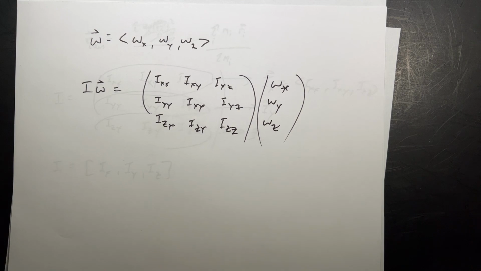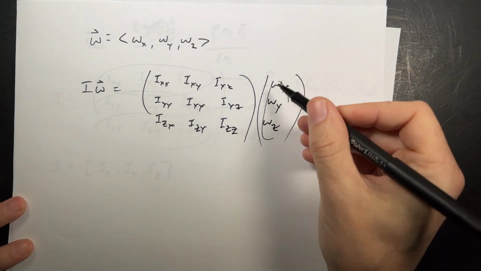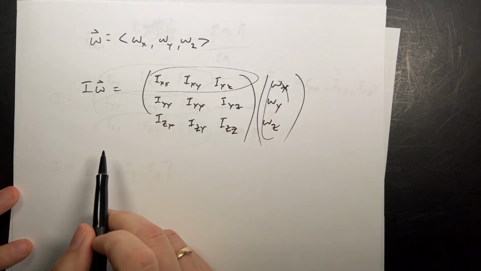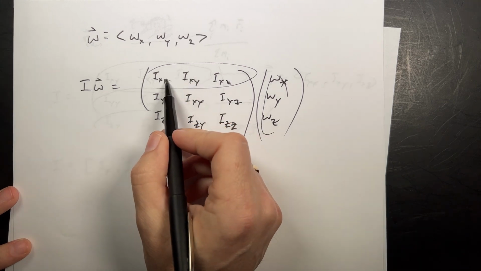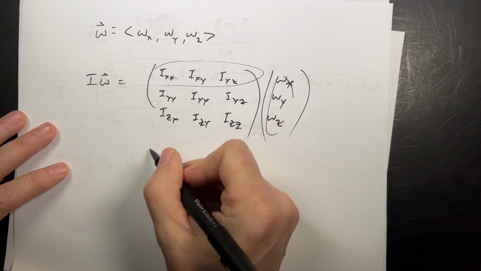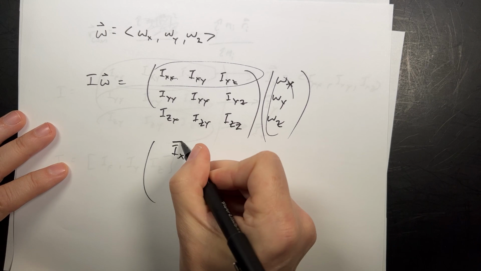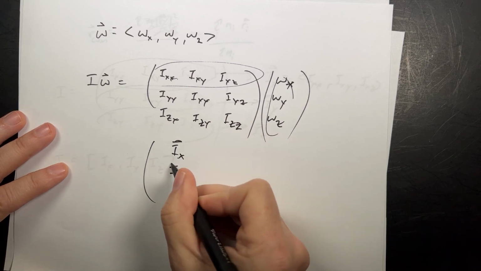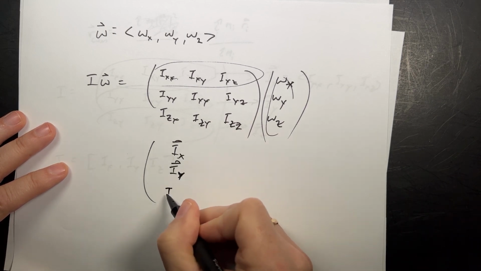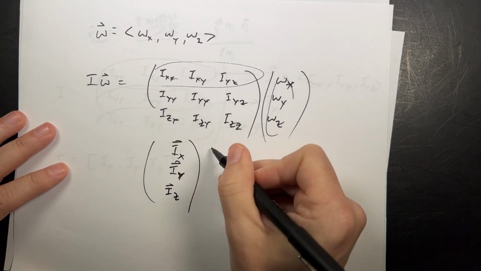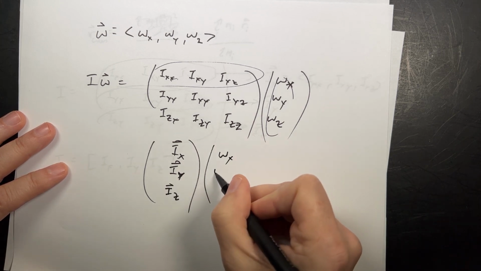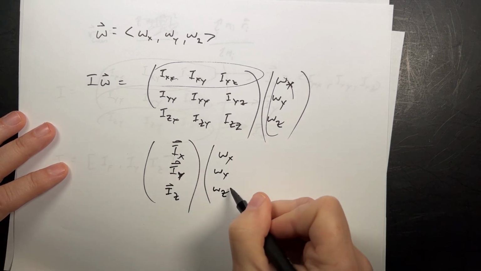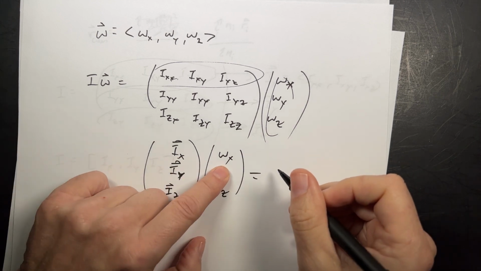And how do I do that? Well, I'm going to take this and basically take the dot product of that. But this is already a vector, right? So I can actually write this as ix vector, iy vector, iz vector, omega x, omega y, omega z will give me, this is a vector.